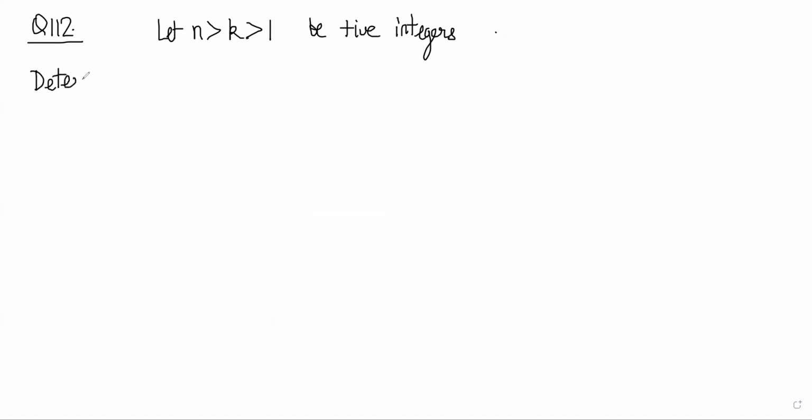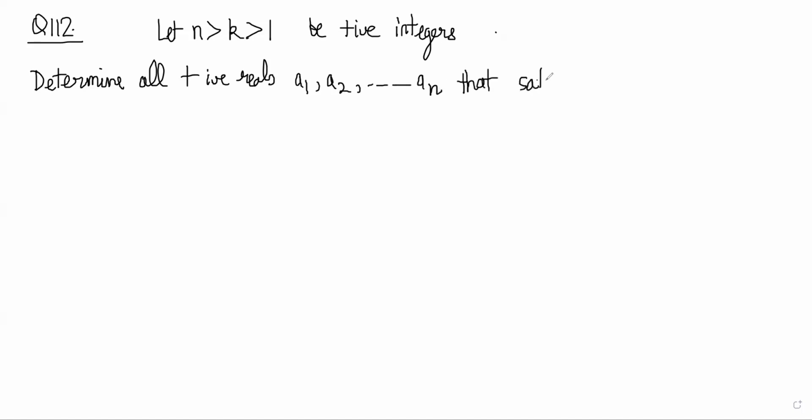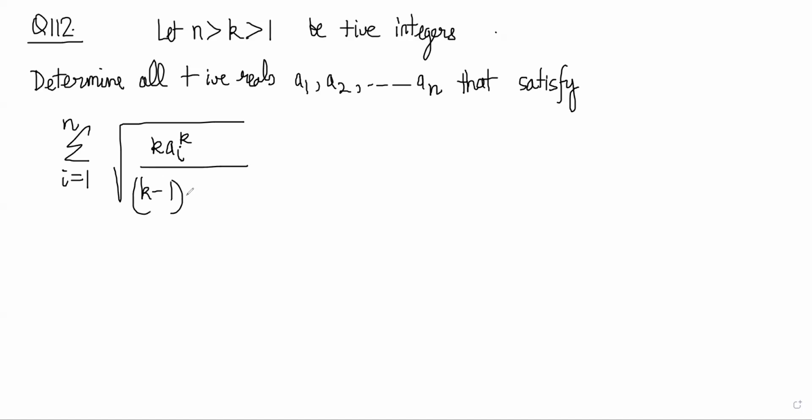Determine all positive reals a1, a2 to an that satisfy this equality: summation of i goes from 1 to n of the square root of k ai power k divided by (k minus 1) ai power k plus 1 is equal to summation of i goes from 1 to n of ai, which is equal to n.